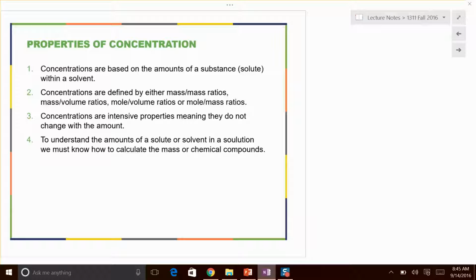And that might be a new term, maybe not to everybody, but it might be a new term to some of you. The mole is a measurement of basically mass, but more so on the atomic level. And once we understand that mole concept and how it relates to mass, we'll be able to really work out these ratios.